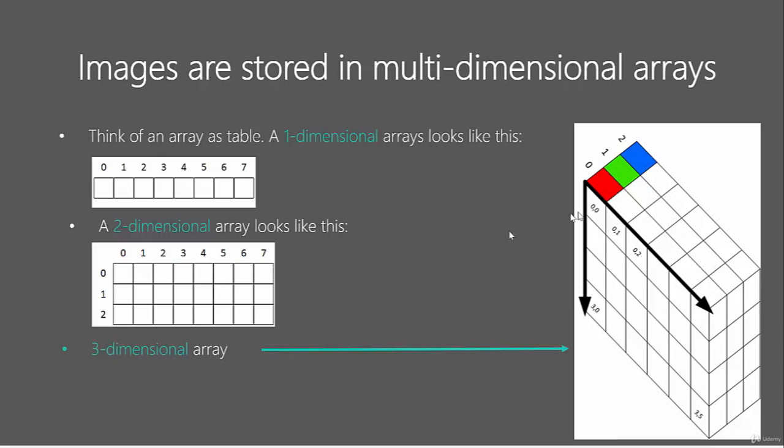So what this means now is that each cell is identified by three numbers. We have 0, 0, and a third 0 here. 0, 1, and 0 to represent the red. If you wanted to find the green value, it would be 0, 1, 1. So that's essentially how RGB images are stored in arrays in OpenCV.